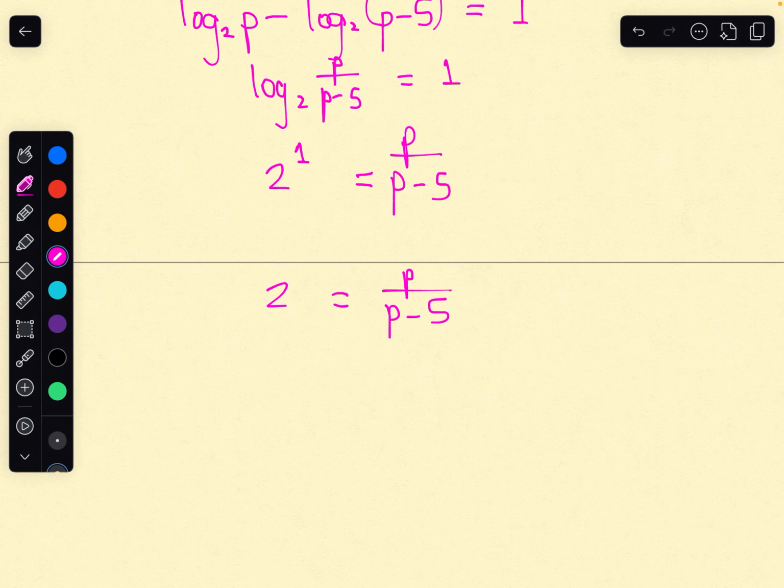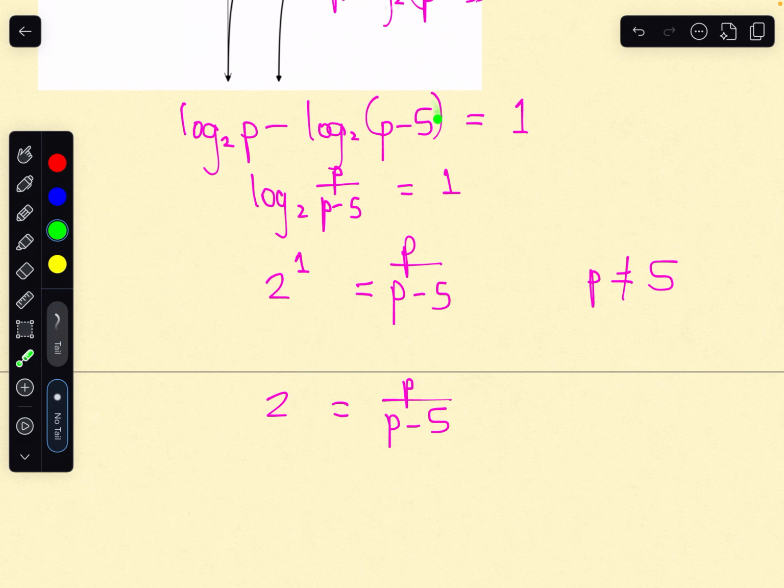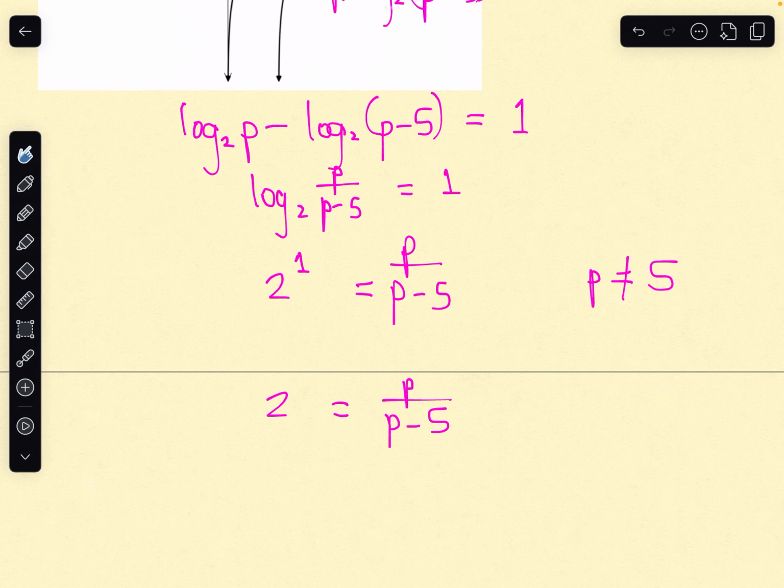So I mean, at this point we know that P can't be equal to 5, because then this would be a 0 denominator. In fact, we knew that here already. Right? Because when you're dealing with logs, this number has to be bigger than 0.